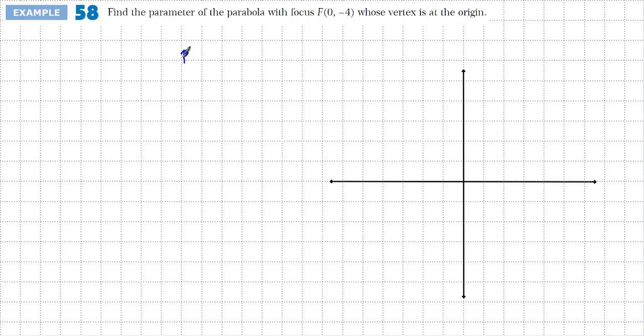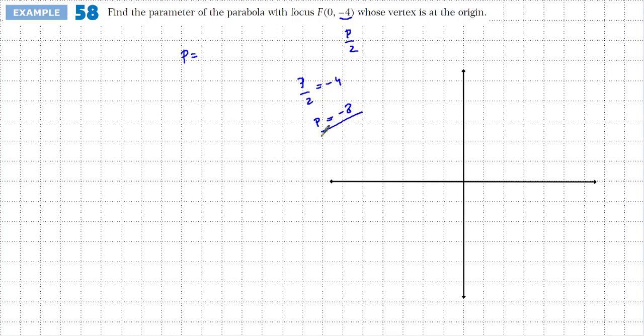The parameter, if you remember, is equal to p, and here this distance is p over 2. If p over 2 is equal to minus 4, then p is minus 8.